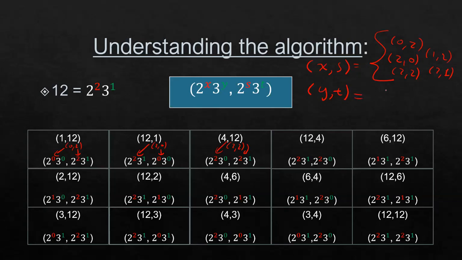In a similar way for y and t, for those pairs yt, again I have only very few choices. I have the choices 1, 0, 0, 1, and 1, 1. Those are all the choices that I have.